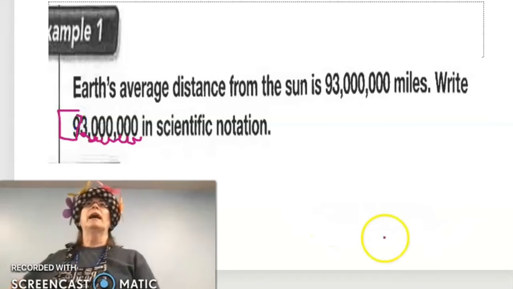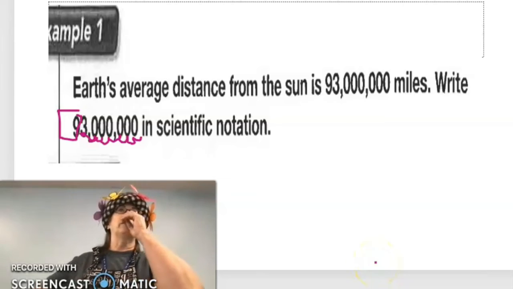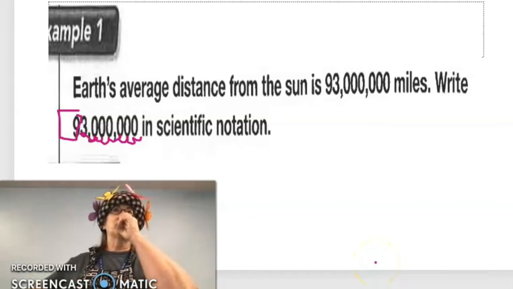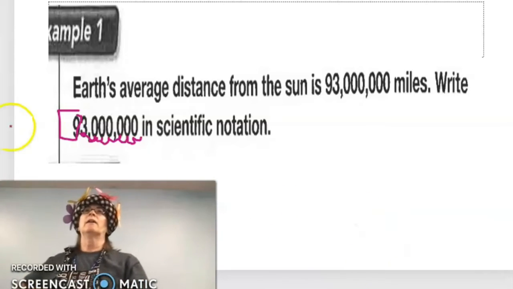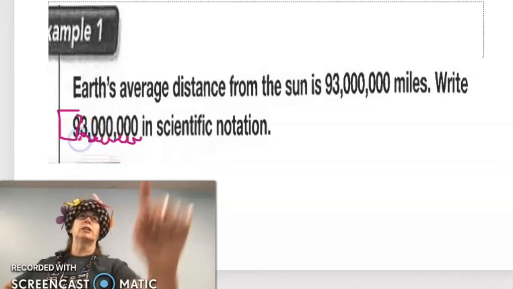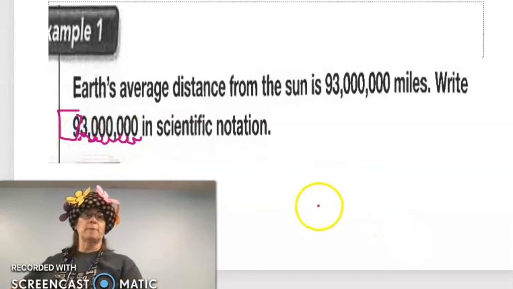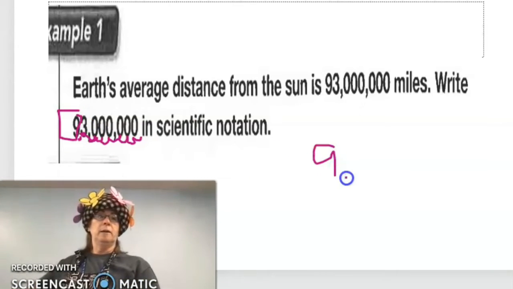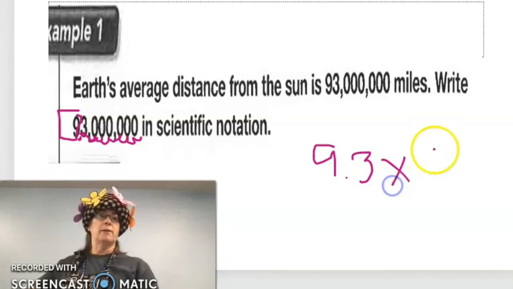So 9.3, okay, 9.3 times 10 to the what? Okay, look. 1, 2, 3, 4, 5, 6, 7 to get the decimal right there. So change it to 9.3 times 10 to the 7. 9.3 times 10 to the 7.